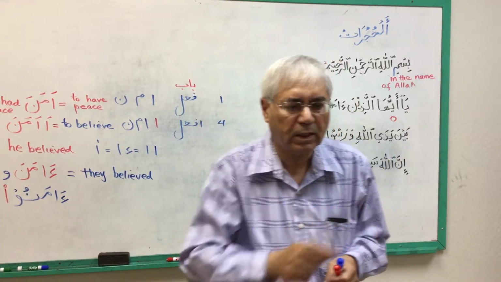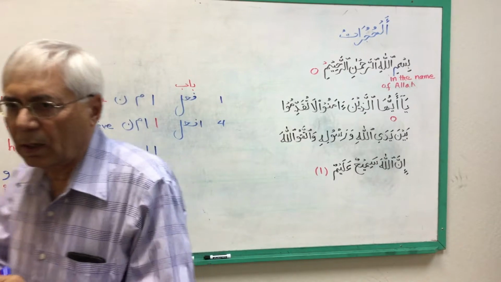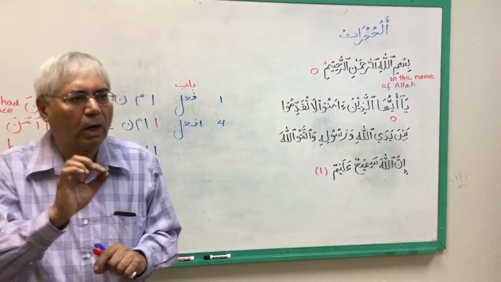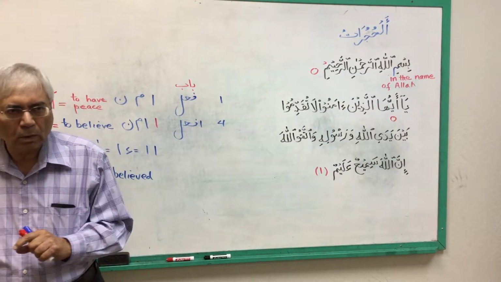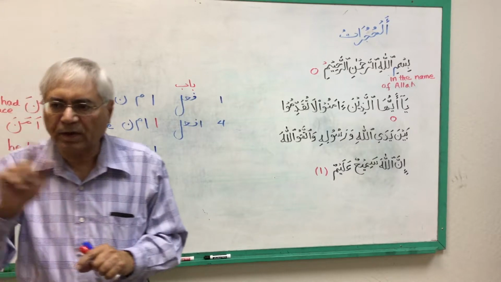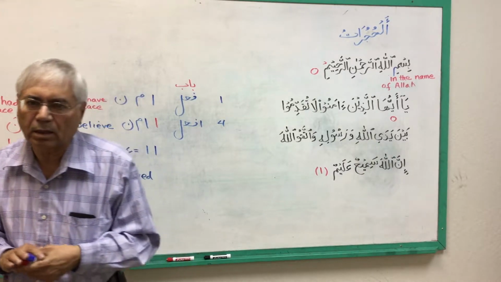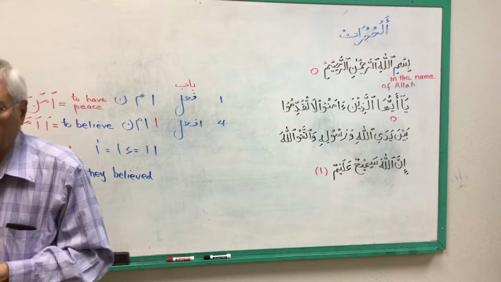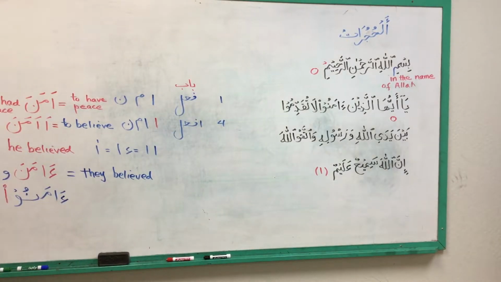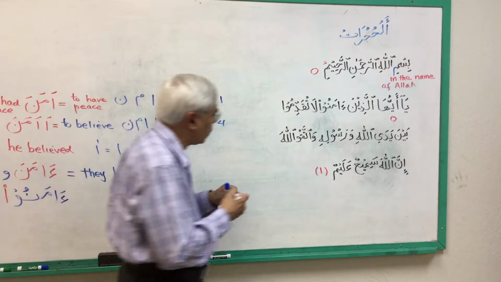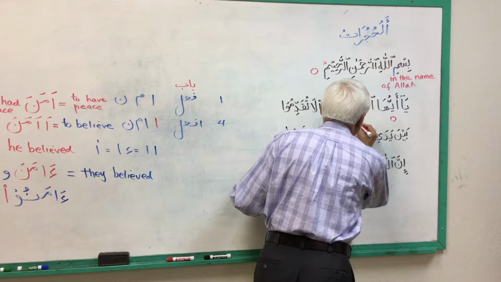So you will see in the table that I gave you, the plural is written with a waw, fa'alu, and there is an alif there, and it's a different color. So you will notice that on the first table. Okay, so amanu means they believed. So what is Allah subhanahu wa ta'ala saying?